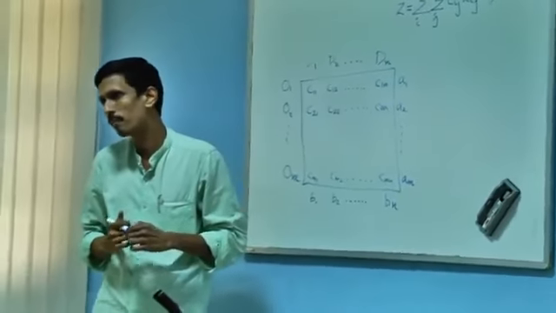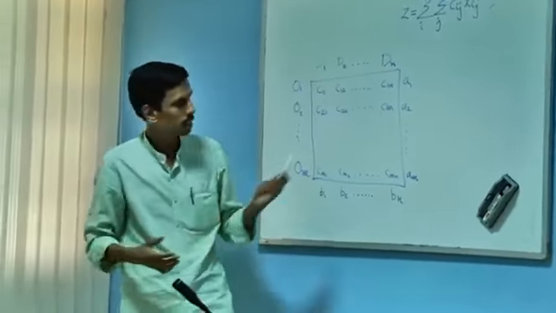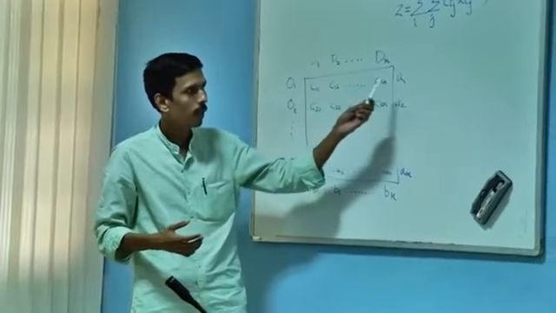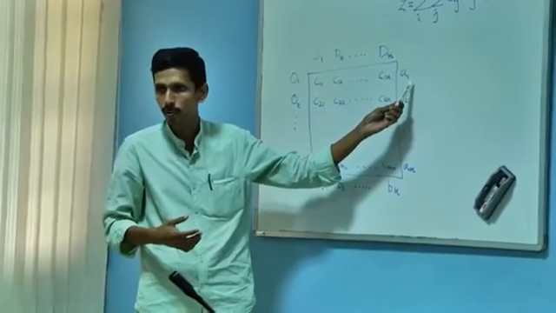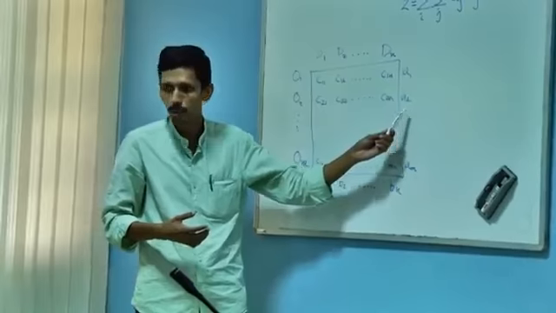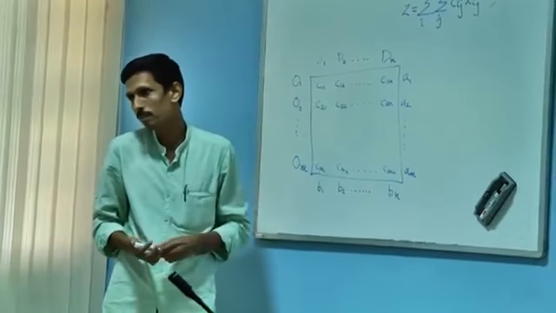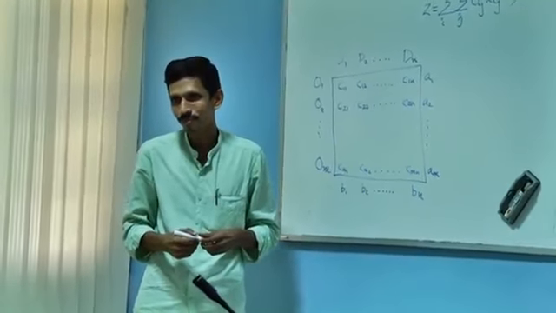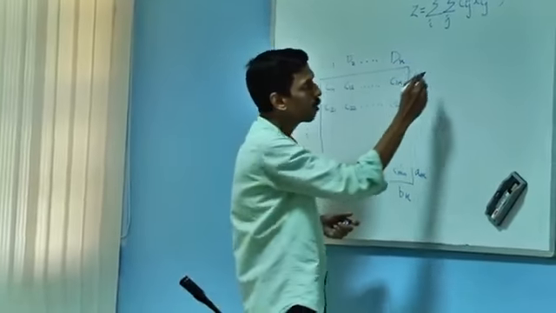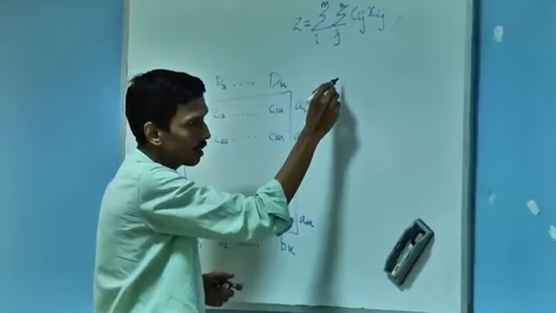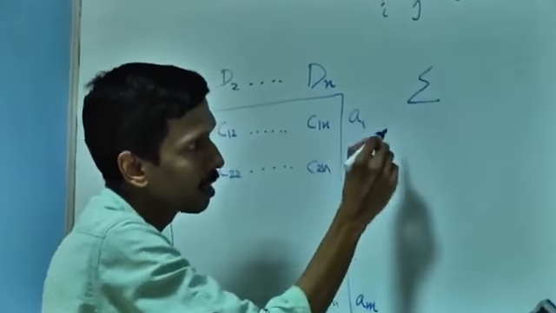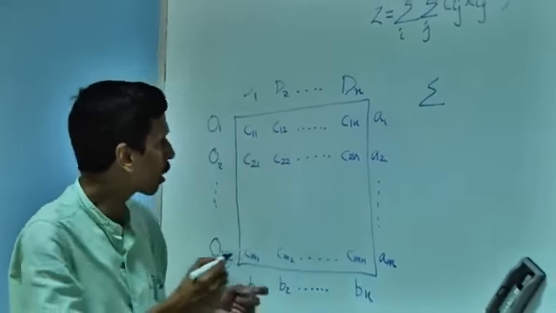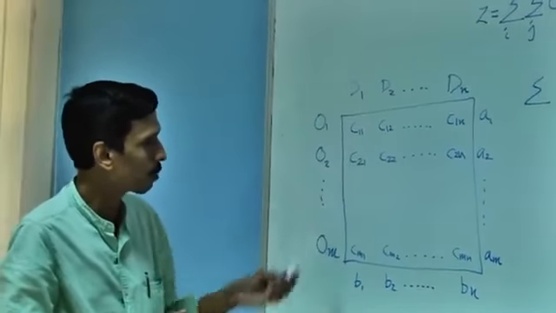We got the objective function. How will you make the constraints? The problem is at O1 we have only A1 elements. Maximum it is A1. At O2 the maximum is A2. At OM the maximum is AM. Can you make it mathematically? How do you denote it in terms of summation? Suppose we use the notation i equal to 1 to m.